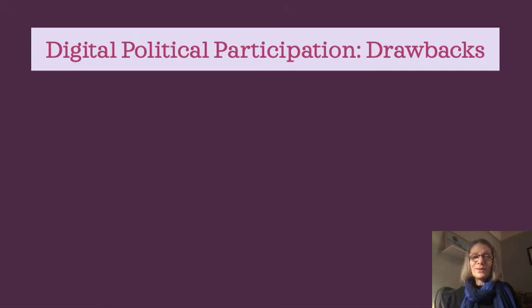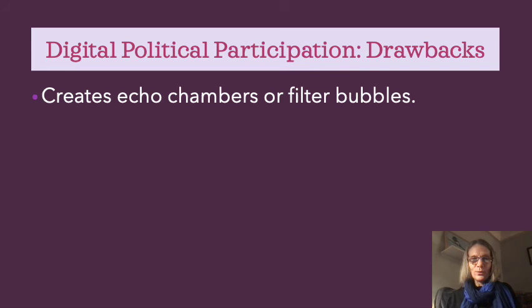Okay, so while there are some good things about digital political participation, there are some drawbacks as well. One of the drawbacks, and we talked about this in some of the material from our last topic on media and politics, is that digital political participation can create echo chambers and filter bubbles.